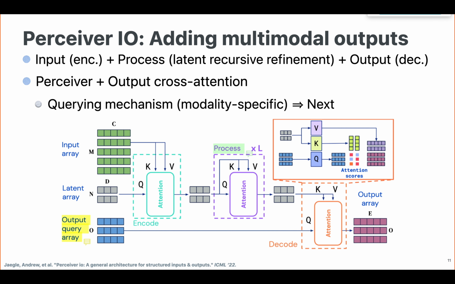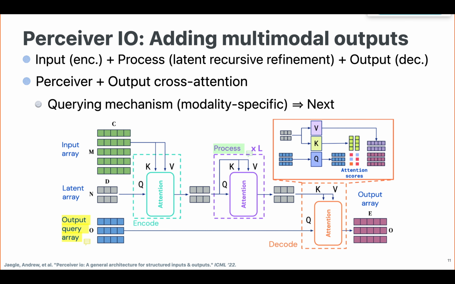We have the input array with dimension M and channel C, and the latent array of dimension N. Typically this array is randomly initialized, like R^N. Then you pass it to the encoding. In the paper they call this input. Then you do L layers of recurrent processing to refine the latent representation, and then you pass it on to the output.